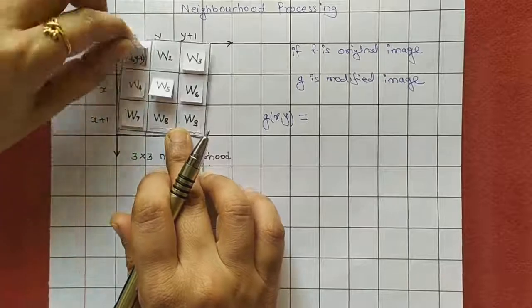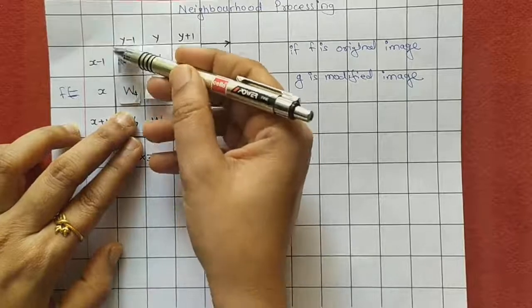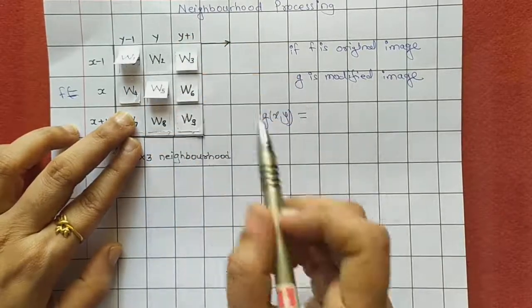W1 into the pixel corresponding to W1, which is f of x minus 1, y minus 1.